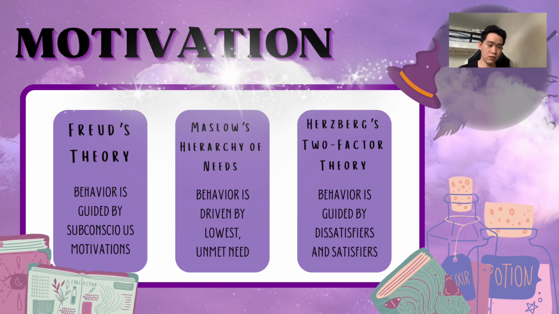Lastly, the last theory is Herzberg's theory. It says that some things like good pay stop people from being unhappy, but real motivation comes from things like feeling valued and enjoying work.